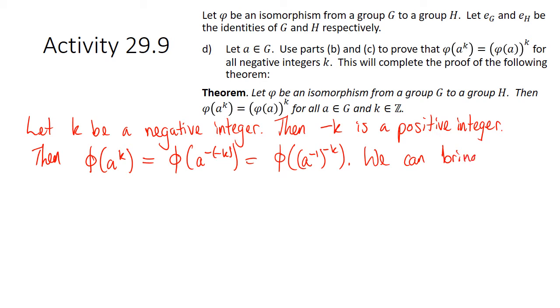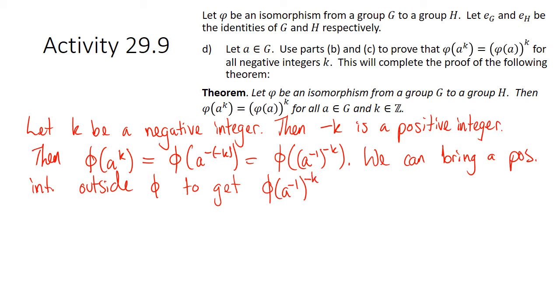We can bring a positive integer outside phi to get that this is equal to phi of A inverse to the negative K. That was part C. So by part C, I'll put a little note there.